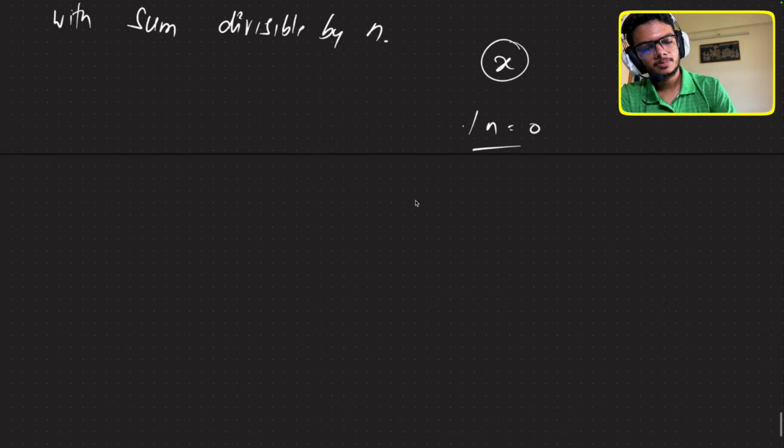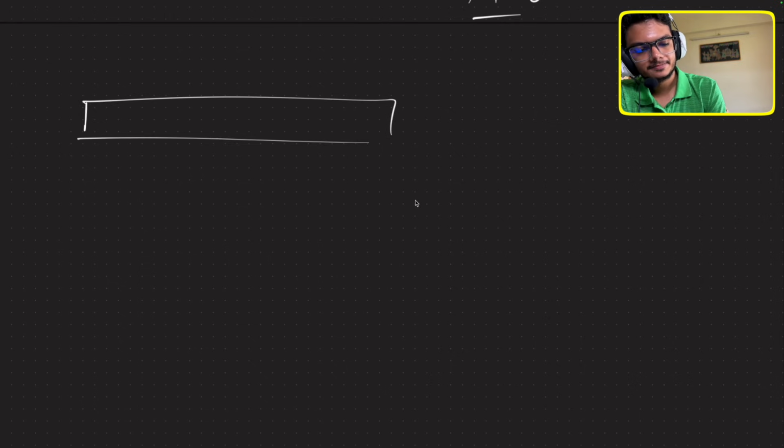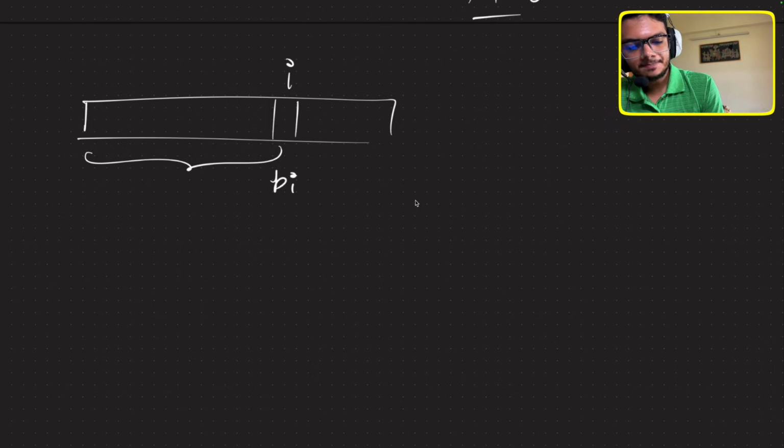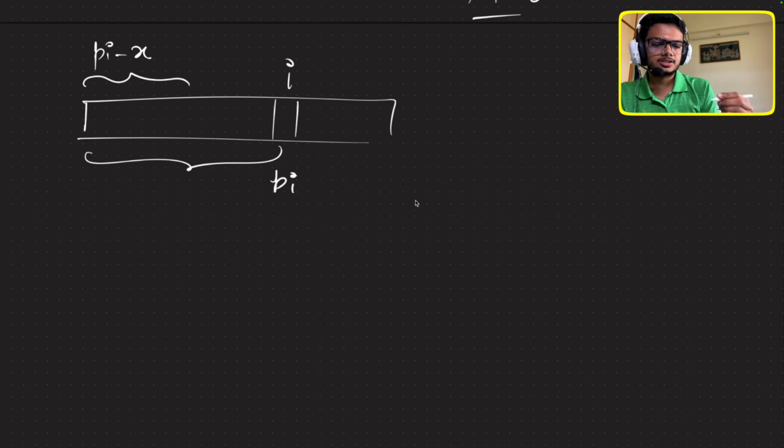Okay, so in the previous question, how did you find the contribution of i? So you were dealing with prefix sums, right? So what we effectively did is, whenever I am at current i, if I want to find the contribution of this i, I know that the prefix sum till this part is pi. Now if I subtract x from pi, all that will remain is x, right?